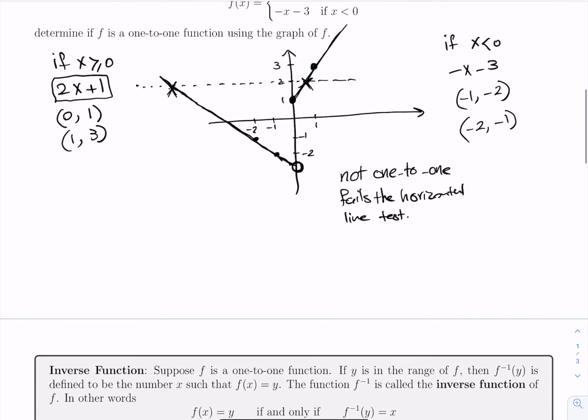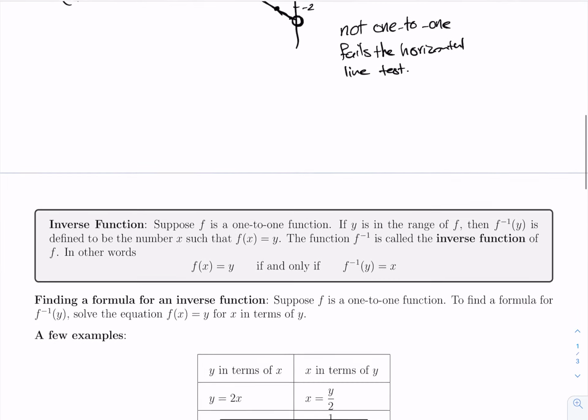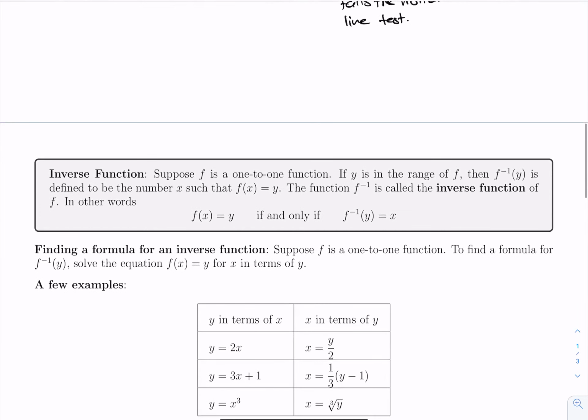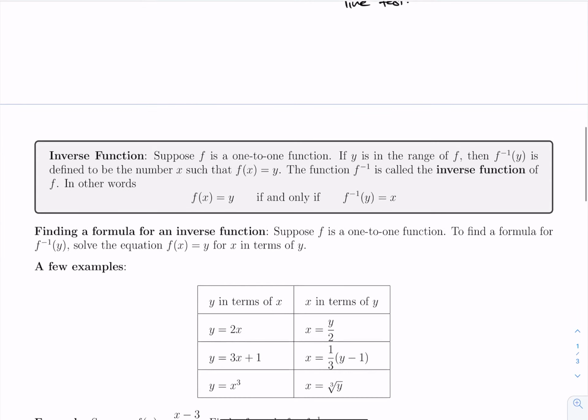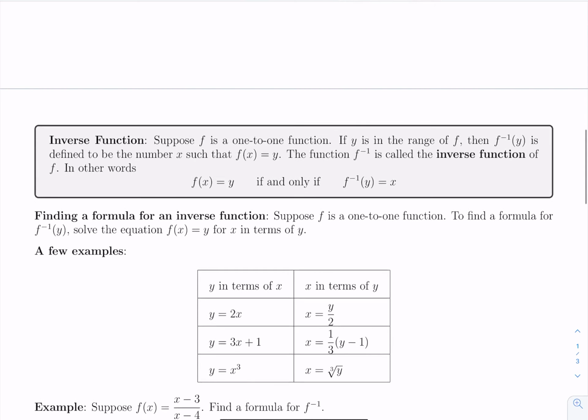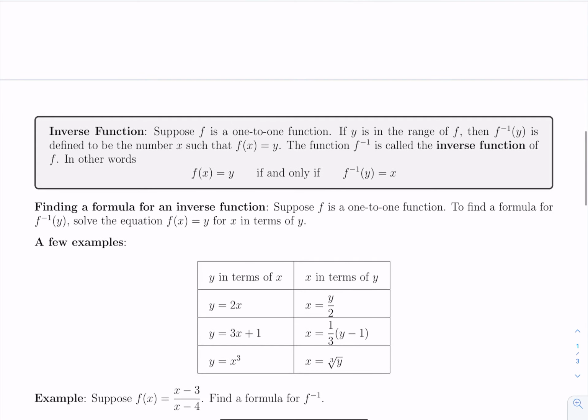Now we are ready to look at a more formal definition for the inverse function. The condition is that f, the original function, needs to be one-to-one.